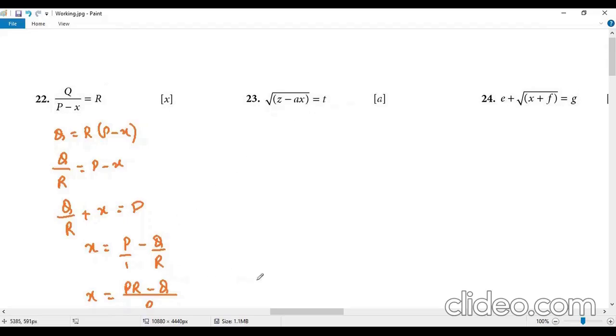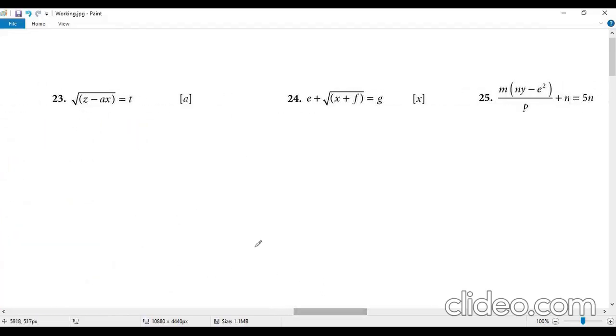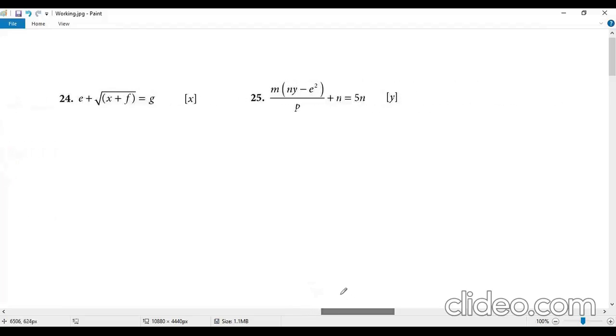Now in this question, a has to be made subject of the formula. That means squaring both the sides is going to give us z minus ax equals t square, and z minus t square equals ax. This ax will go on the other side and becomes positive ax. And in here, I will keep a as it is, c minus t square over x. Now comes question number 24.